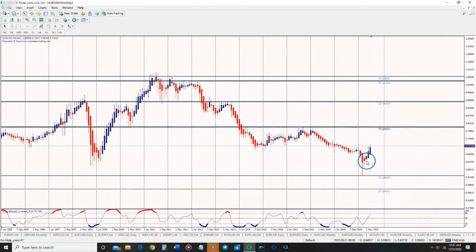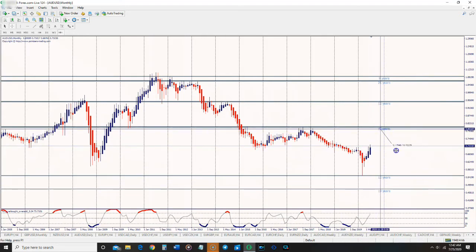Okay. Now, what can we take away from looking at this chart? Well, it simply tells me that if the AUD was stronger than the US dollar in June, then I would have had a good idea that I should be buying this pair in July, because until we get to a level of support and resistance, or until we get to a level where price may reverse, we should expect this pair to continue in an uptrend.